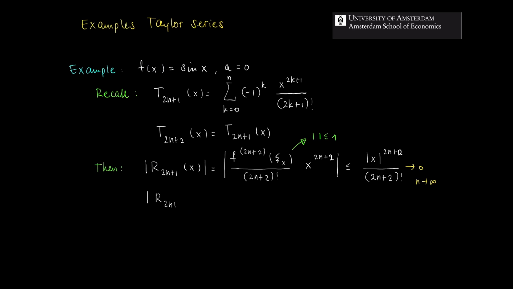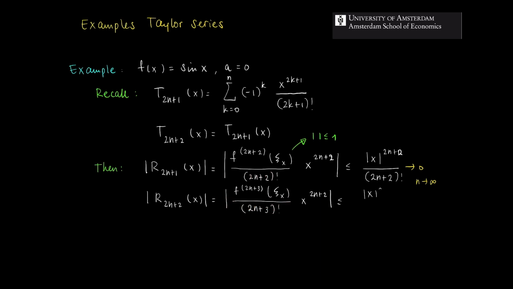In the same fashion, we can just show that the remainder term for the 2n plus 2th Taylor polynomial approximation depends on the 2n plus 3 derivative of f in such a way so that we get, for the same reason, these derivatives here are all smaller or equal than 1 in absolute terms.